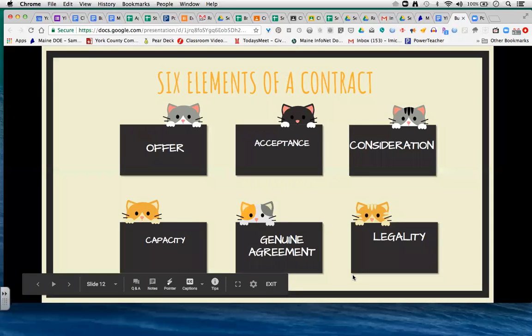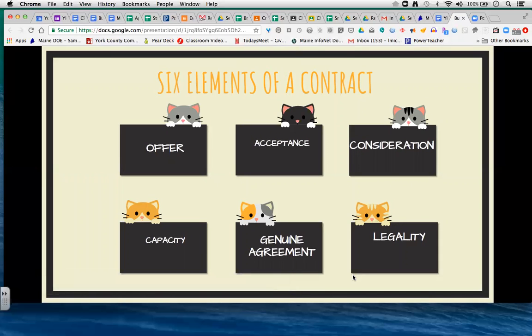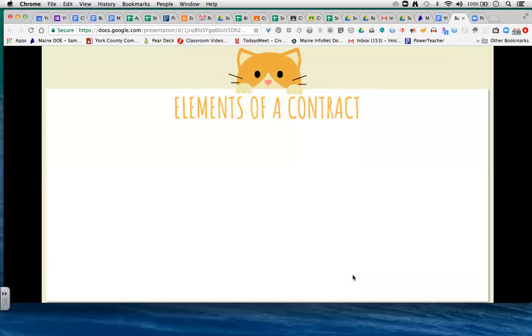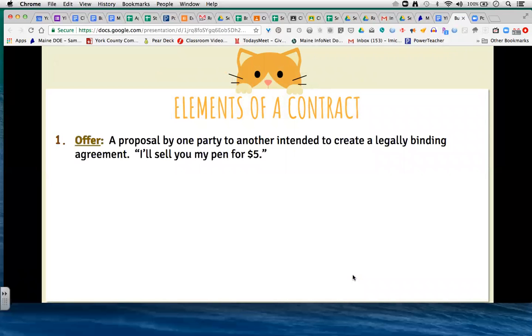The 6 elements of a contract consist of offer, acceptance, consideration, capacity, genuine agreement, and legality. Let's take a look at these. 1.